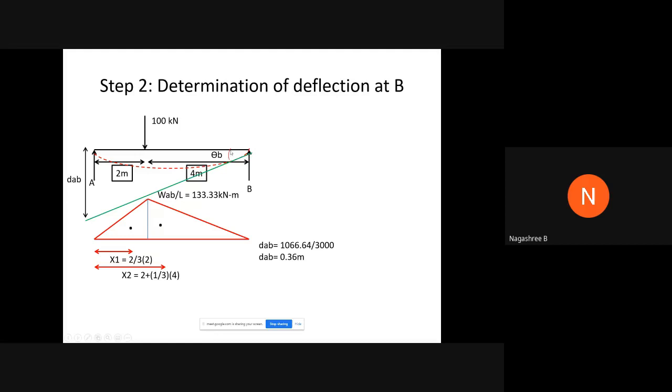From the initial position to the final position, there is a creation of an angle, and the angle is nothing but the slope. There is a creation of an angle at each support, so at point B it is called theta B, and at point A it is called theta A.